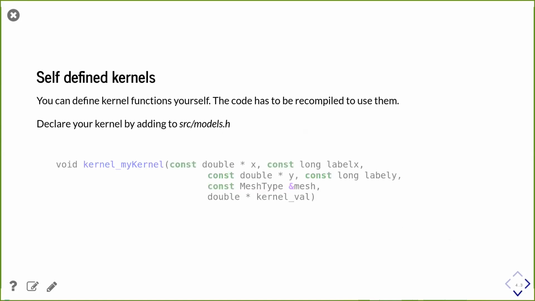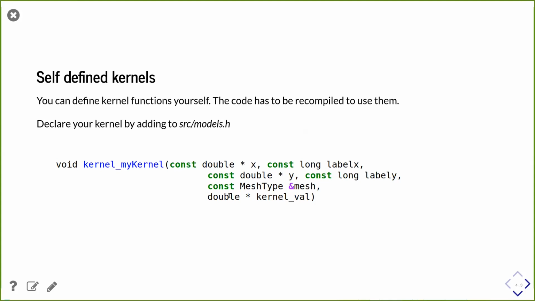There you have to declare your kernel, and that has the following interface. It's a C++ function, and it takes a double x, a pointer to the quadrature point x. It takes the label of x, the y, the label of y, and some mesh. Mesh is basically a class which contains a lot of data and information.